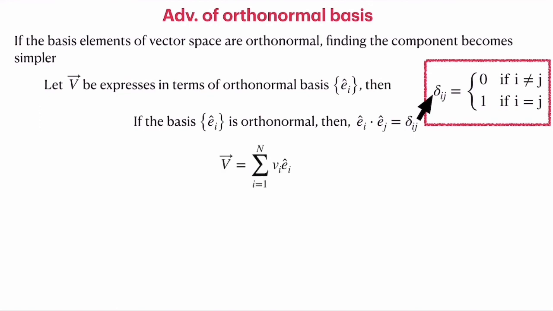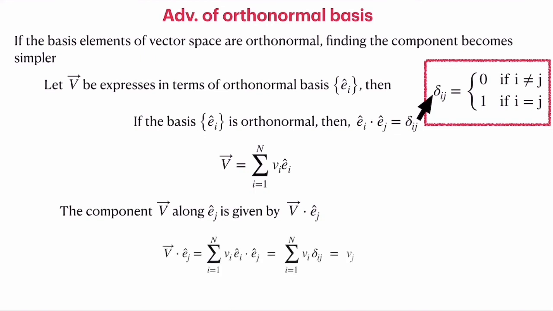The vector is expressed in terms of the basis elements with the components v_i. Now take a dot product with the basis element e_j, and that would be v dot e_j, and we can show that v dot e_j is essentially this quantity, which is delta_ij, and this summation would simply result in v_j, and that is the component along the basis element e_j.